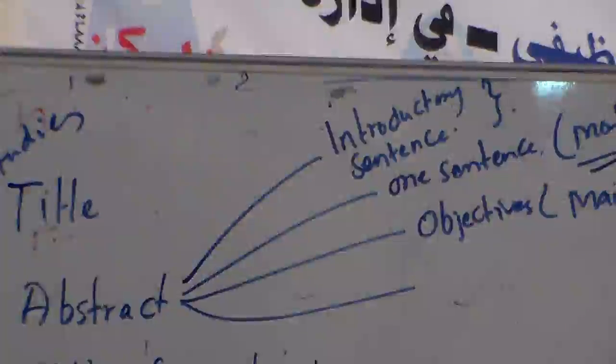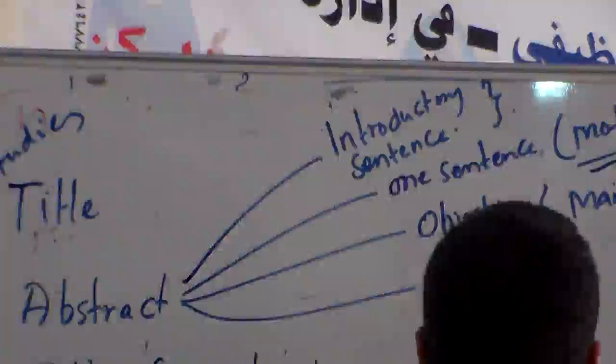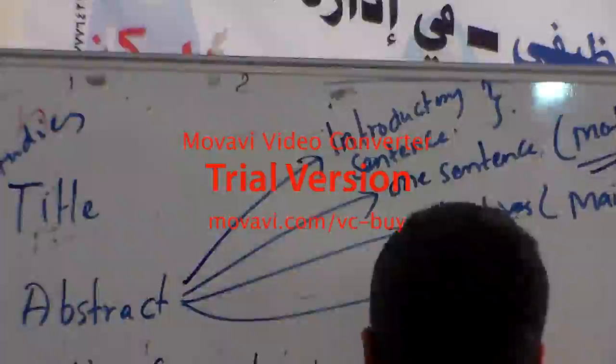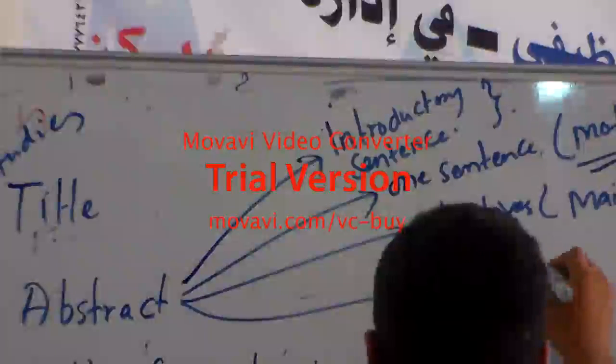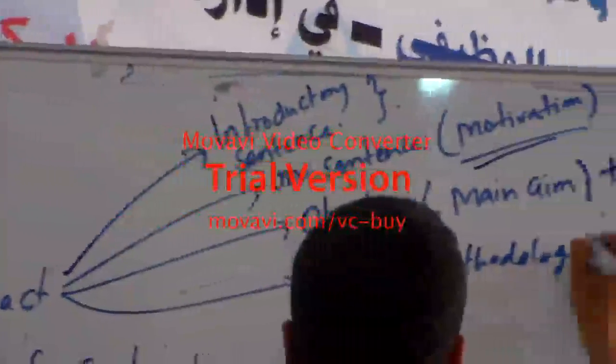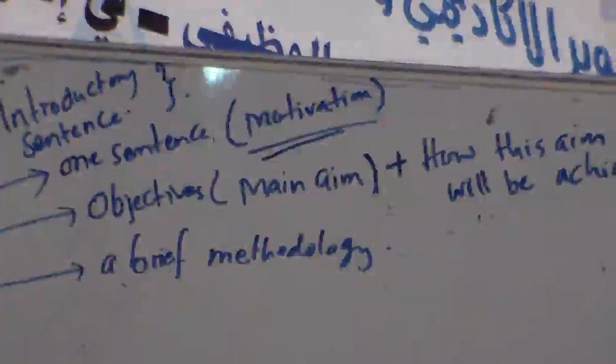Okay? And after I show the main aim and the objectives, I will show a brief methodology. I will say the methodology that will be used is this and this.